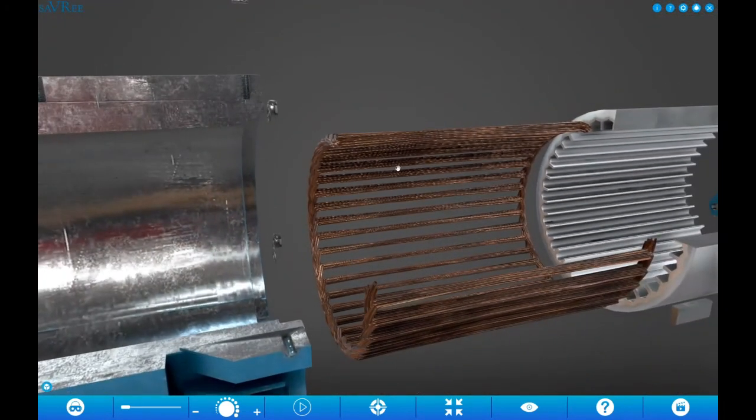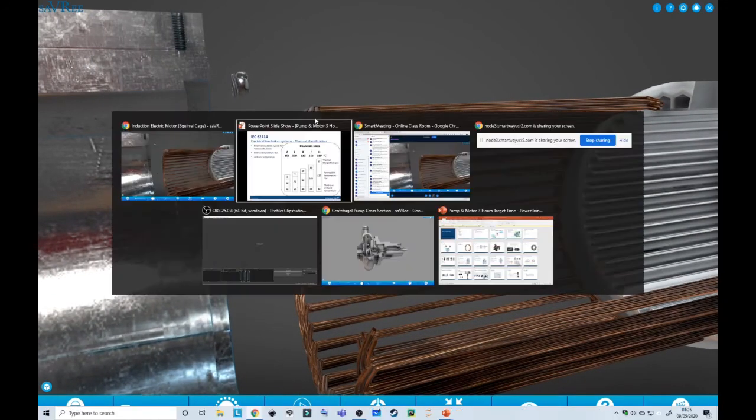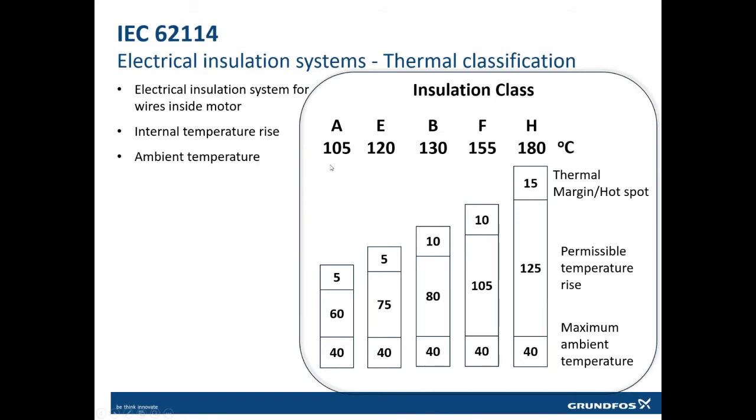But eventually these are not connected. This is a very thin layer of insulation between the wires in the stator winding. So this insulation has a capacity, or you can say a maximum temperature which it can withstand.